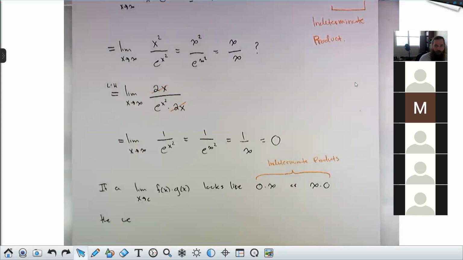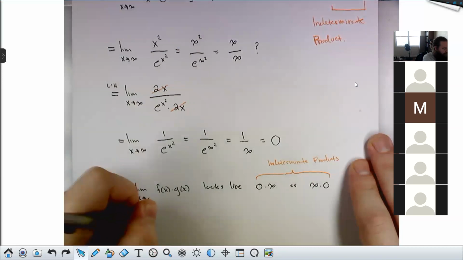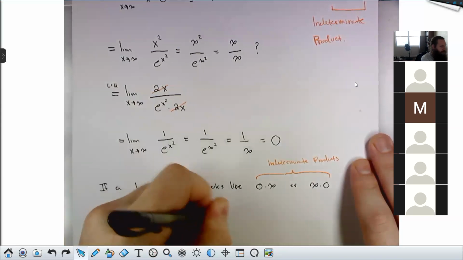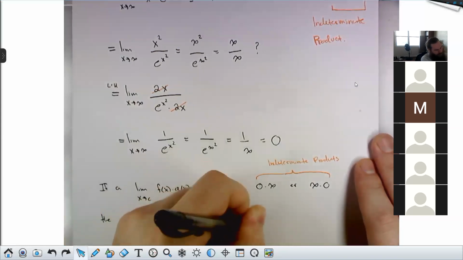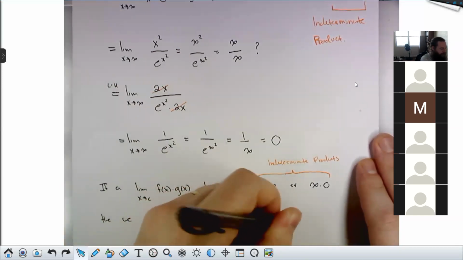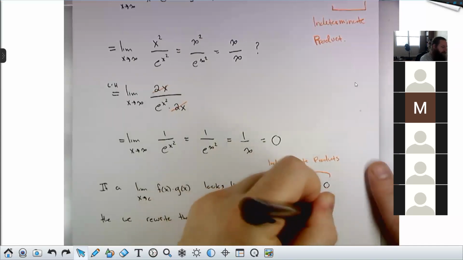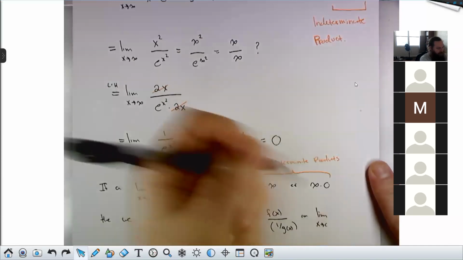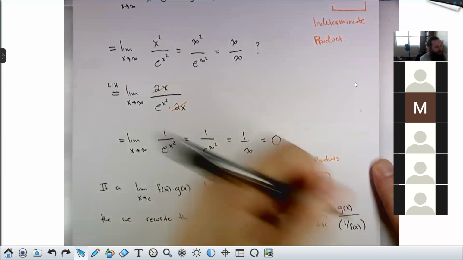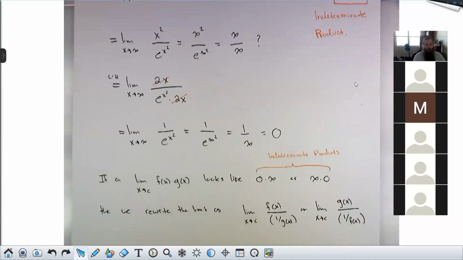They're indeterminate forms, but they're not the kind of indeterminate forms we can apply L'Hopital's rule to. So we need to rewrite the limit as the limit as x goes to c of f of x divided by 1 over g of x, or the limit as x goes to c of g of x divided by 1 over f of x. It's up to you. You have a choice. But you got to shove one of the guys downstairs. And the way you do that is by shoving him downstairs as his reciprocal.